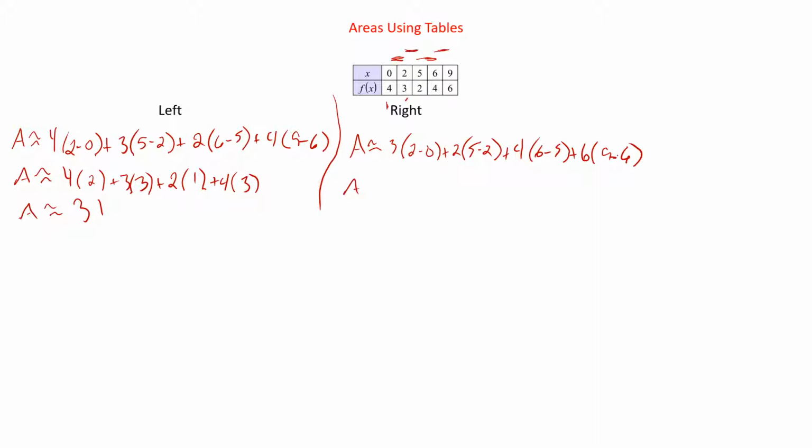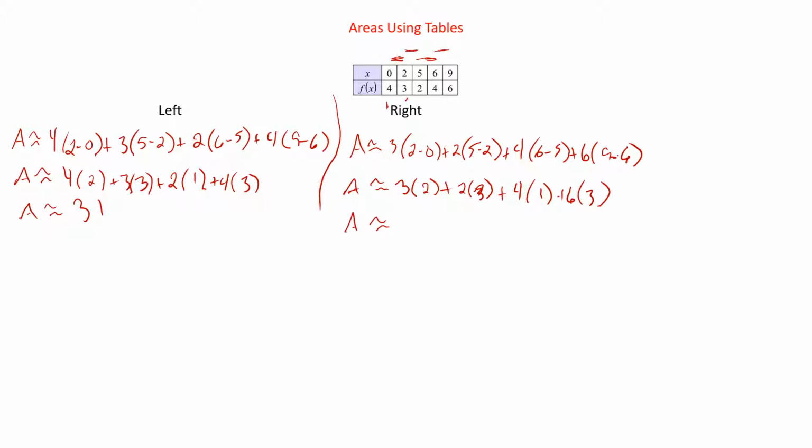Work on simplifying again. So we'll have 3 times 2 plus 2 times 3 plus 4 times 1 plus 6 times 3.